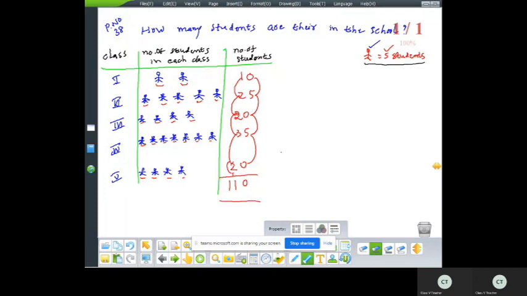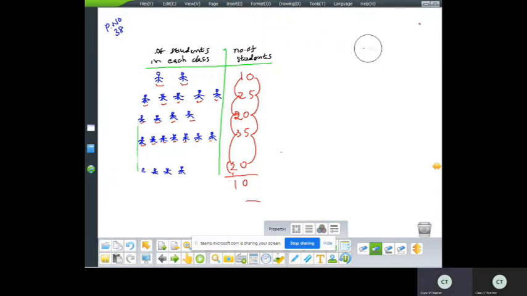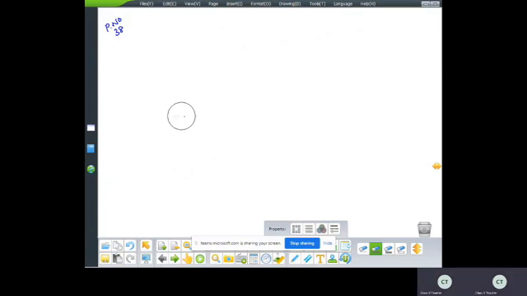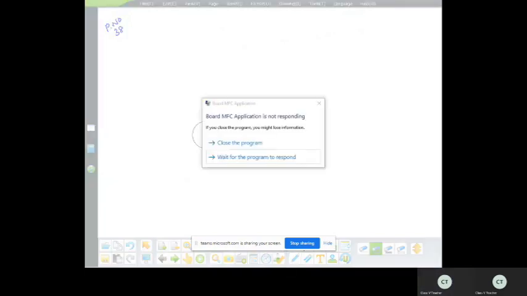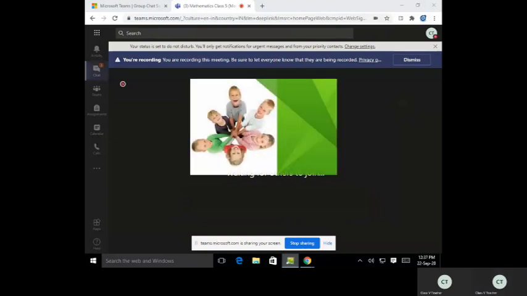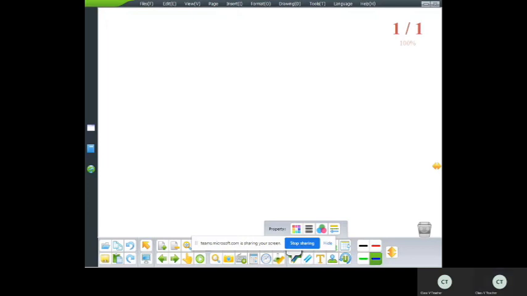Page number 38. Same page, try this question.